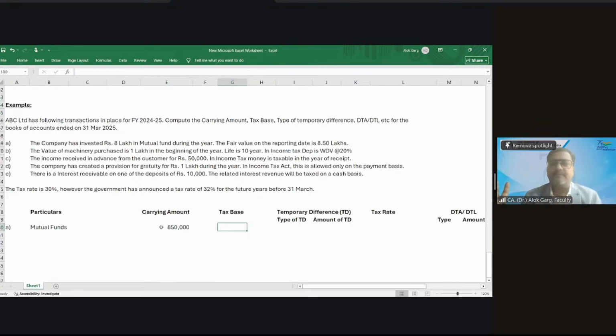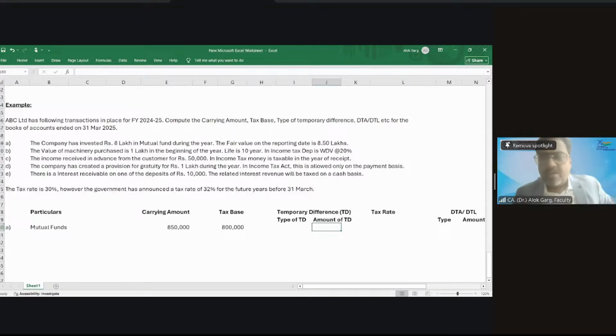So what is the carrying amount as per income tax provisions for the mutual fund? It is 8 lakh rupees.